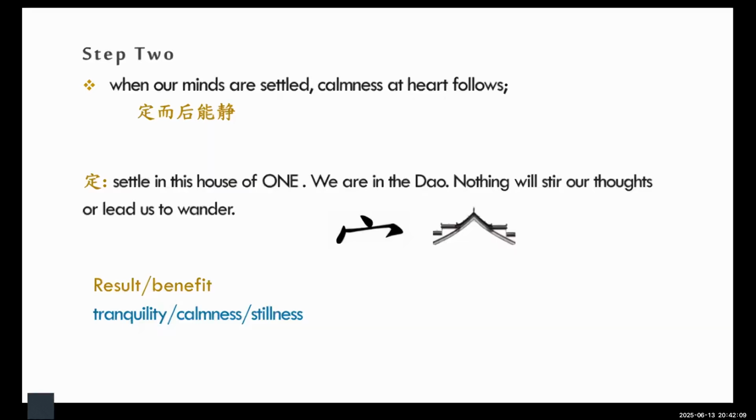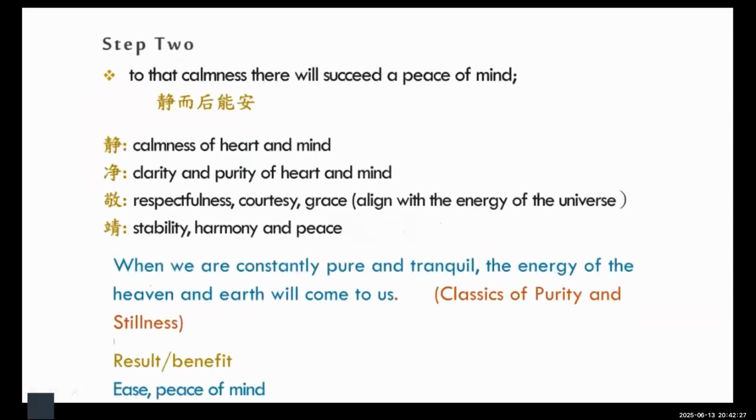And we know this is a grand goal. So we are not going to let anything else stand in the way. Now with this, we're going to have tranquility or calmness or stillness. That leads up to the next step.